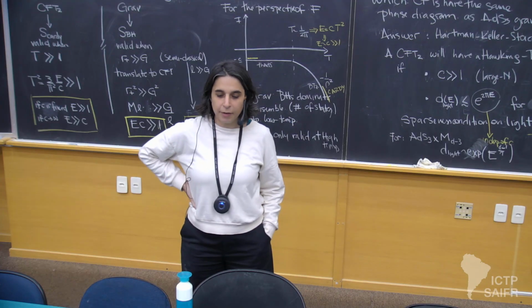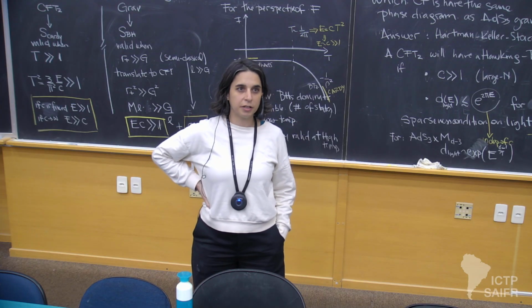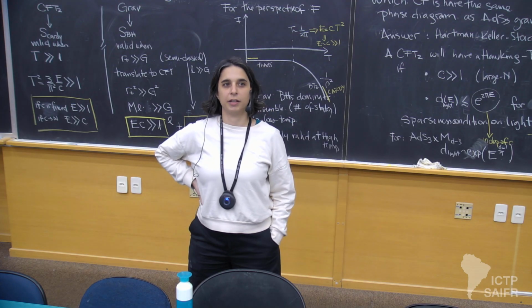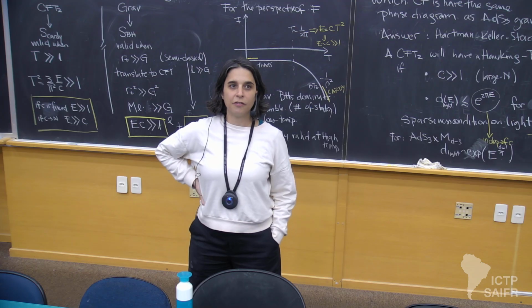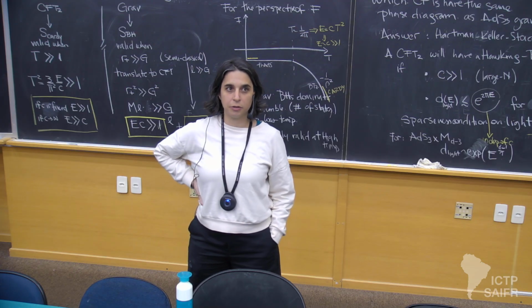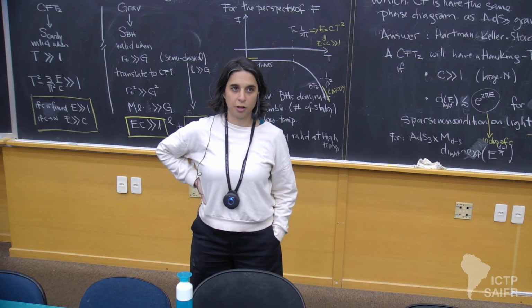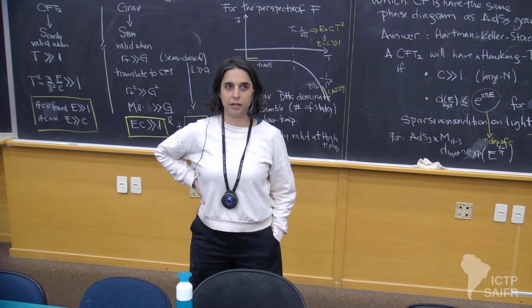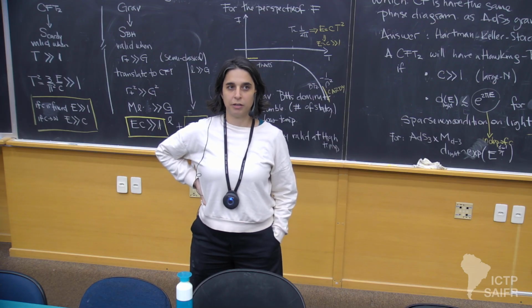Look, C very big means that you're reaching the semi-classical limit of gravity. Okay. But C very big means that G Newton is going to 0. So therefore you trust classical gravity. Period. Done. End of sentence.